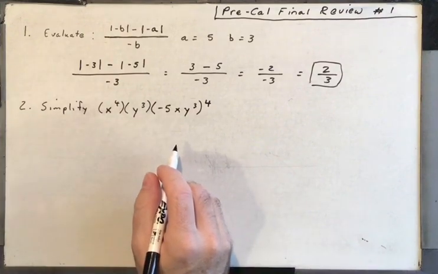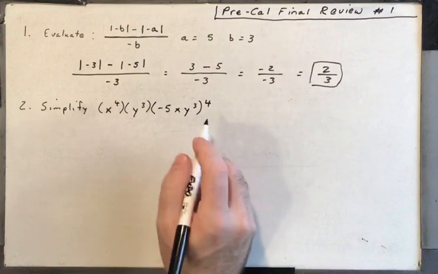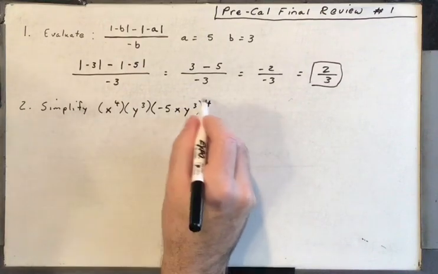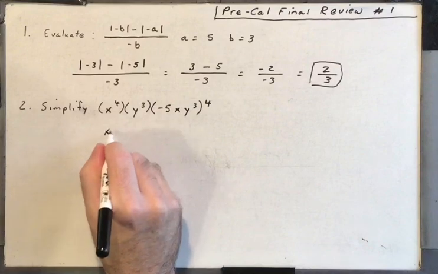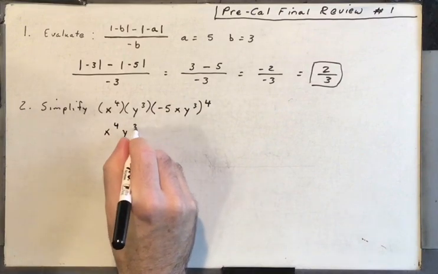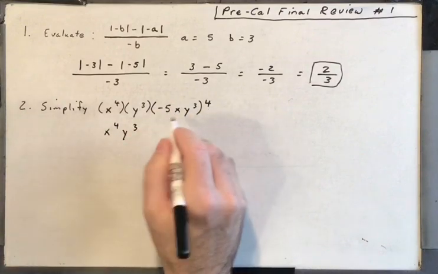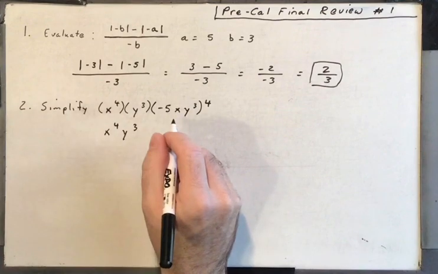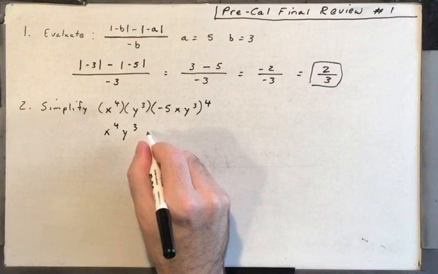Alright, so of course you'll have your calculator. I'm going to do this parenthesis first. So x to the 4th, y cubed, -5 to the 4th. That's -5 times -5 times -5 times -5. That's going to be 625.